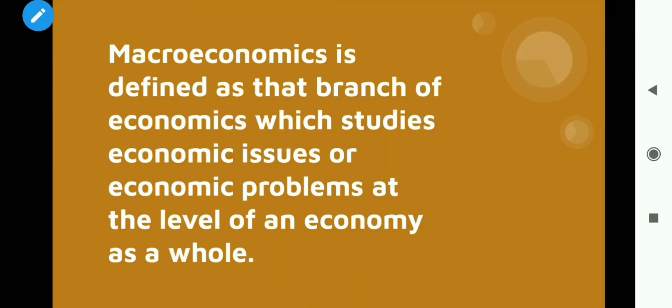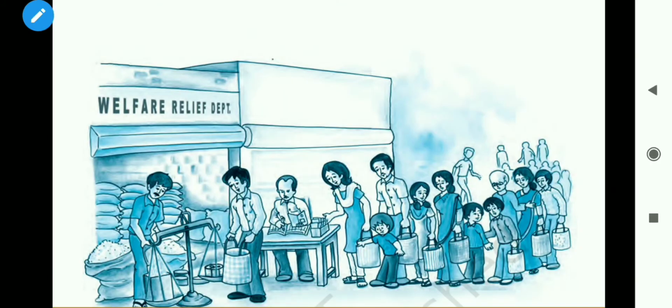Here is the definition of macroeconomics. Macroeconomics is defined as that branch of economics which studies economic issues or economic problems at the level of an economy as a whole. That means we are going to study the aggregates. Now, what do we mean by that? By that, we mean that macroeconomics studies such economic questions that concern the welfare of all residents of a country.